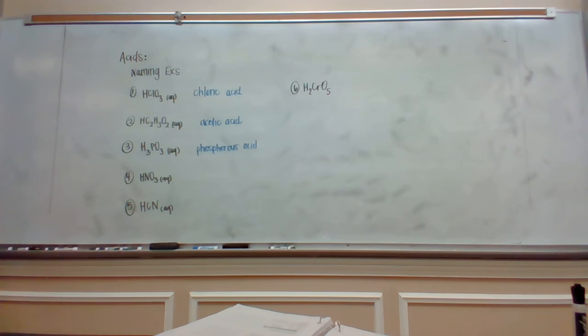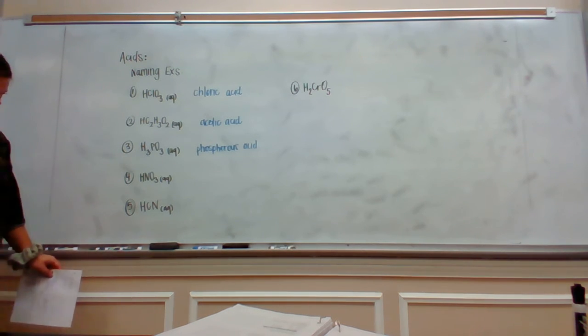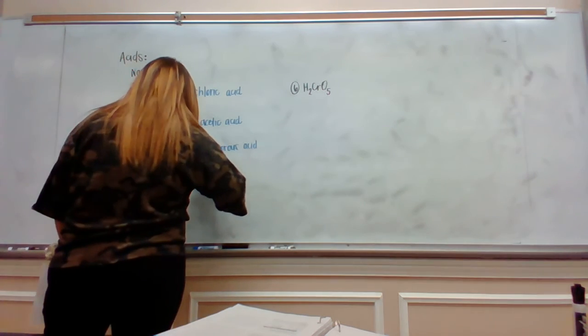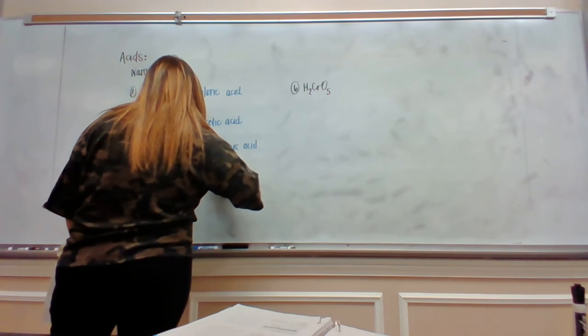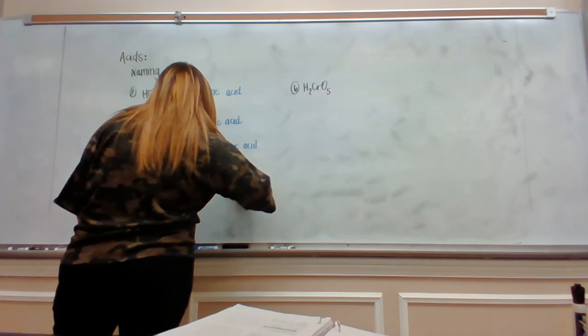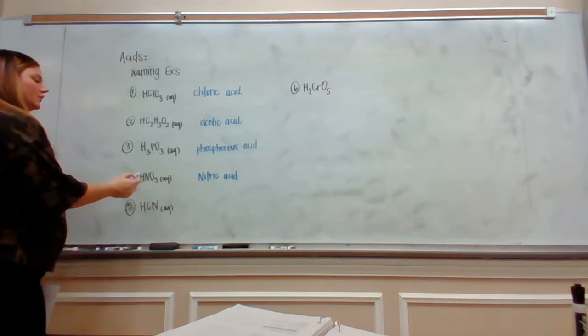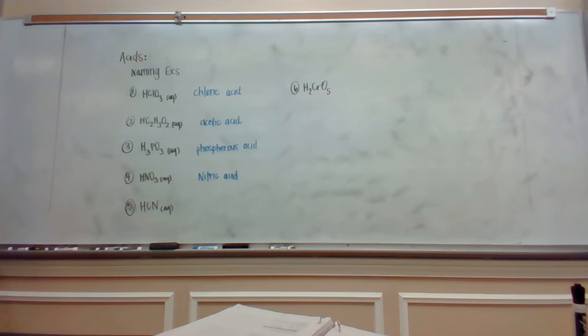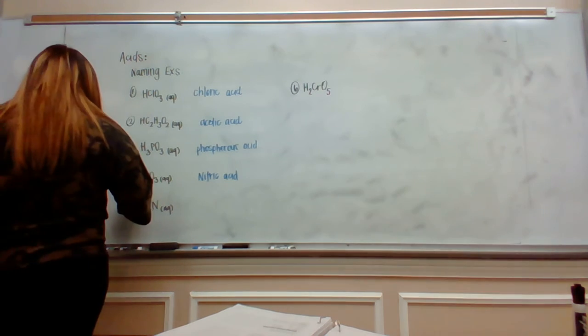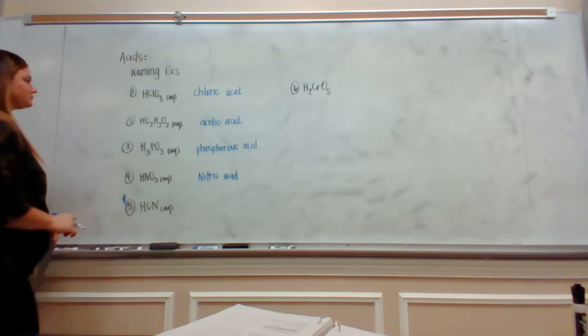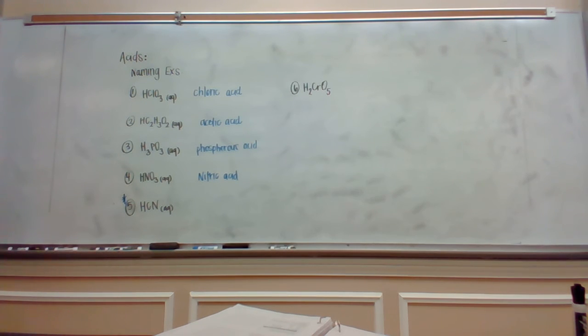And number 4, what y'all think? Nitric acid, because NO3 is the nitrate ion. This, number 5. So all of my other polyatomic ions contain an oxygen, which is why they're called oxyacids.